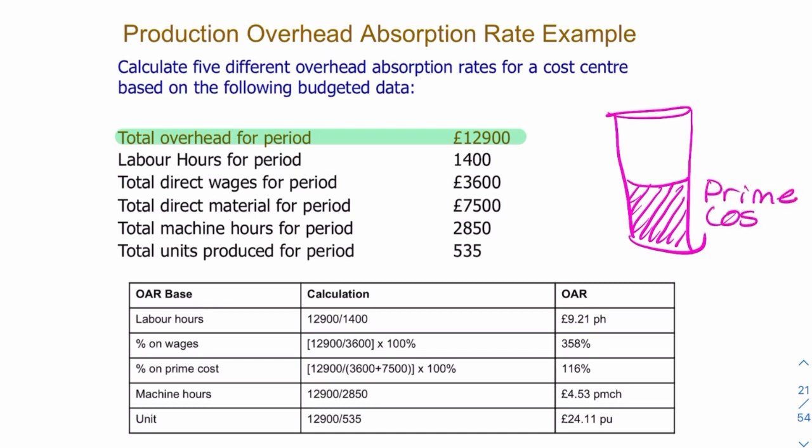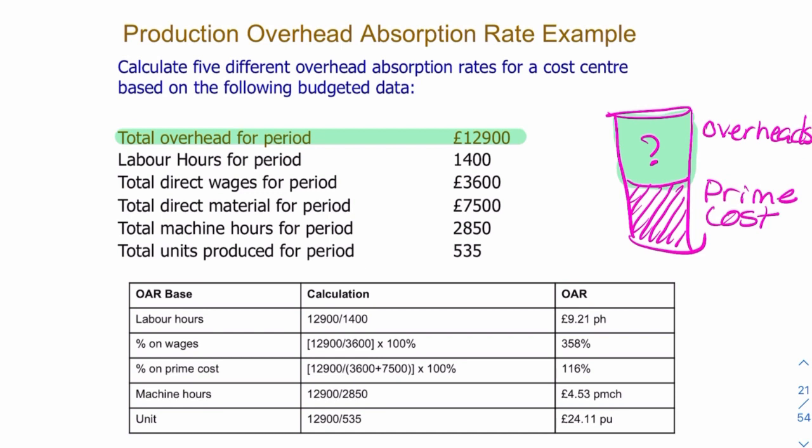That's the direct cost. So the prime cost is the materials, the labor, and the equipment or machinery time or cost involved in making it. But you also have the overheads. And the question is, how can I calculate this fraction for each cost unit?